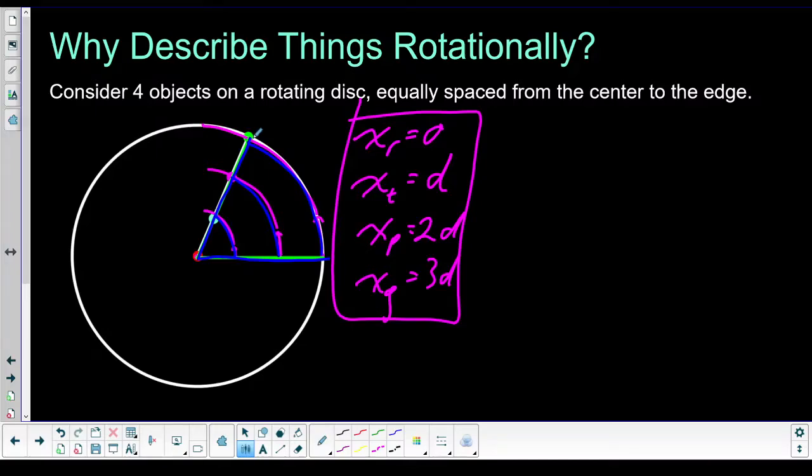So if we're looking at spinning stuff, looking at the angle is a whole lot easier than looking at this curved linear distance, right? We want to measure things angularly when things spin because it's just a little bit more natural. And if we really want to know the length of this linear distance, then we've got to remember geometry.